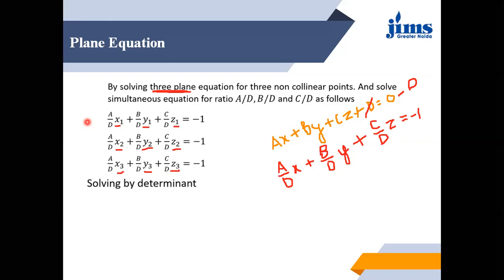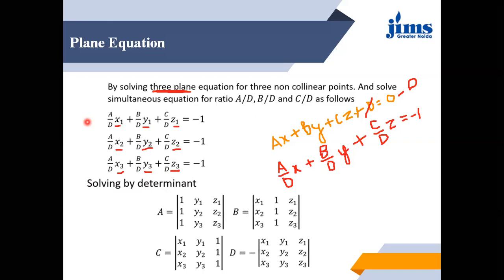So by using the determinant, when I want to find the value of a, the first column is 1, 1, 1, the second column is y1, y2, y3, and the third is z1, z2, z3.